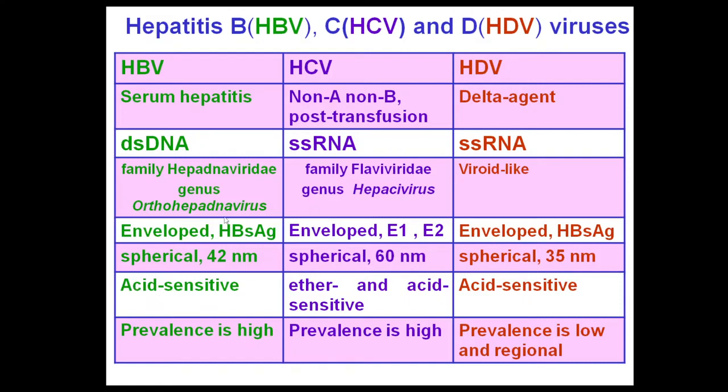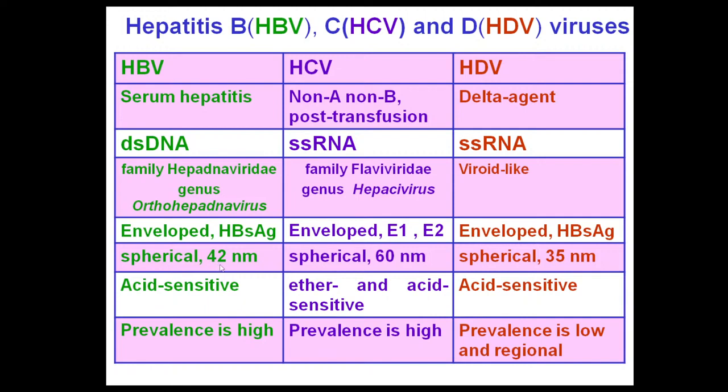Out of these, all three are enveloped hepatitis viruses with different sets of surface glycoproteins that will be discussed in the particular place when we discuss the particular hepatitis viruses. They are all of small size.